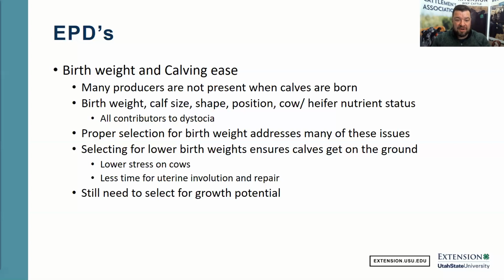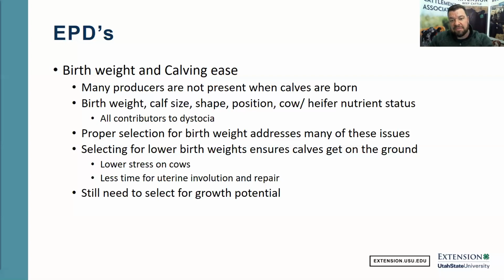These are all contributors to dystocia or calving problems. But proper birth weight really is a great tool and a great solution to a lot of these problems. Selecting for lower birth weight means less stress on the cow, less stress on the calf, and less time for uterine involution repair because it's not as traumatic an experience a lot of times.